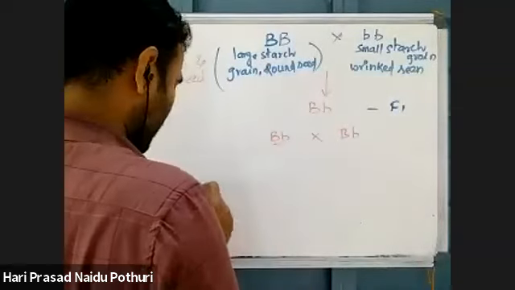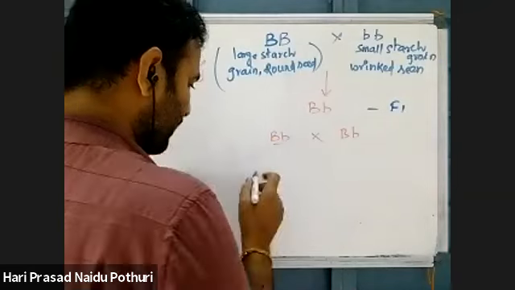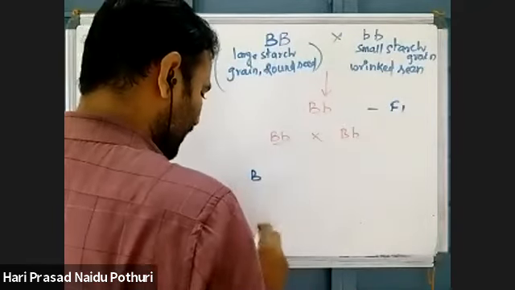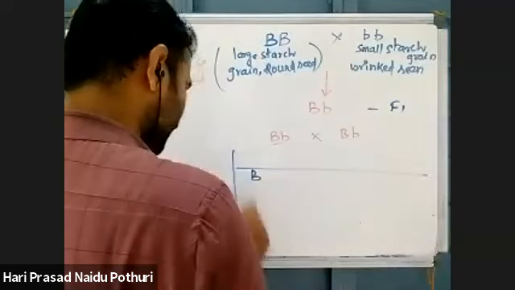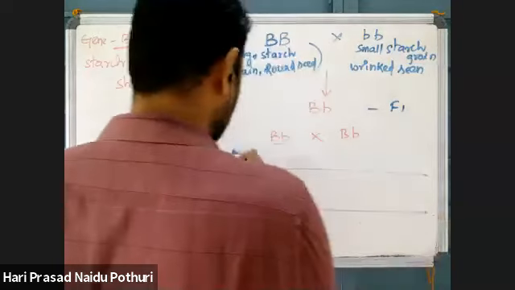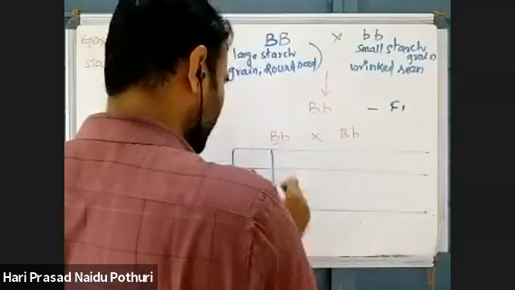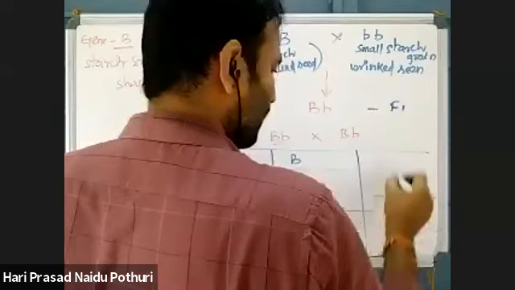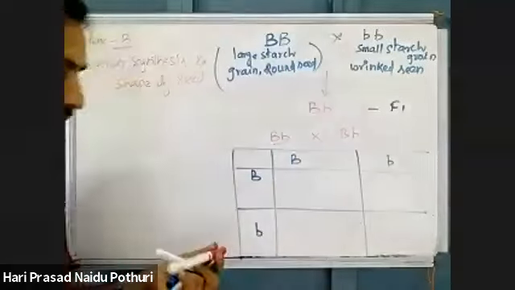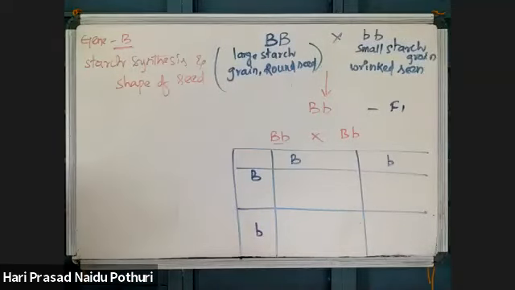Now the gametes formed here. What are the gametes? Capital B, one gamete, small b, one gamete. And the other F1 is also producing capital B, one gamete, small b, one gamete. See now how the result will come.